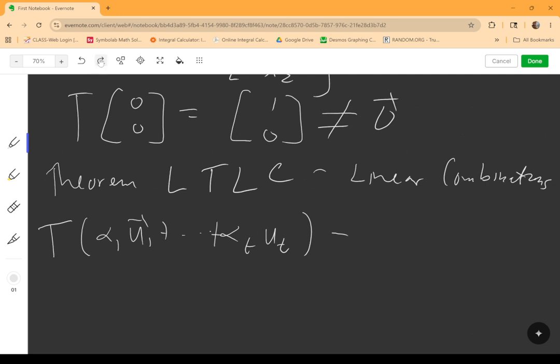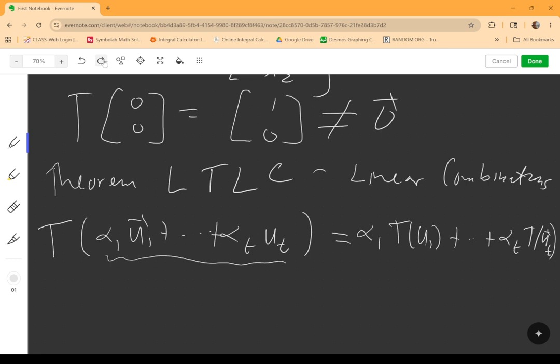I can rewrite this using the scalar multiplication property repeatedly, and the additivity property repeatedly. So we get something like this, again, just by linear transformation properties. So the linear combination commutes from one vector space to another.